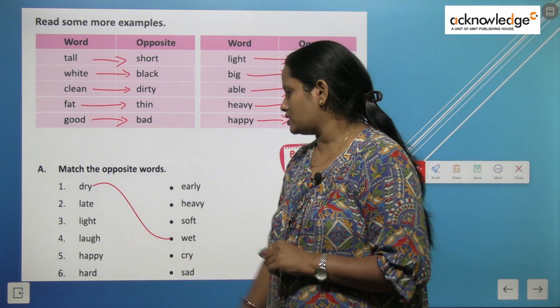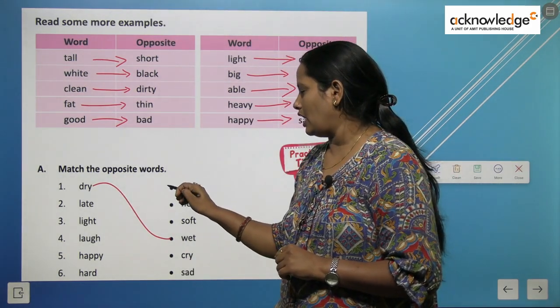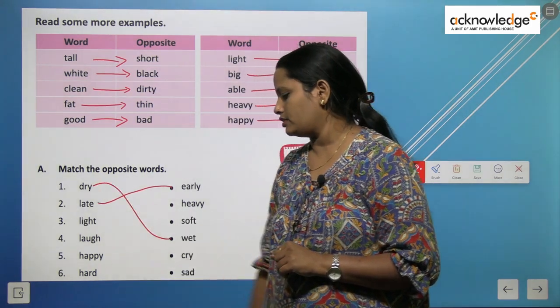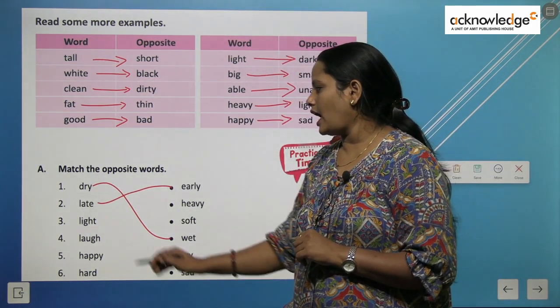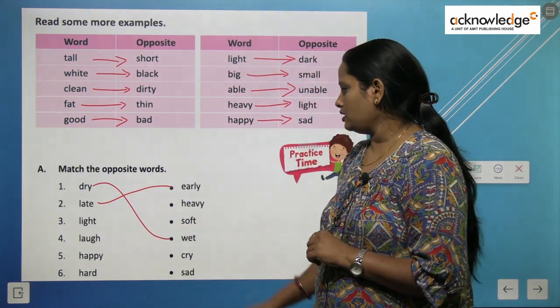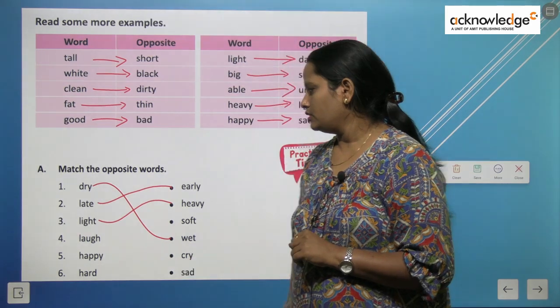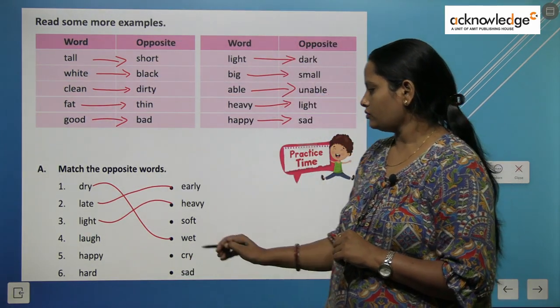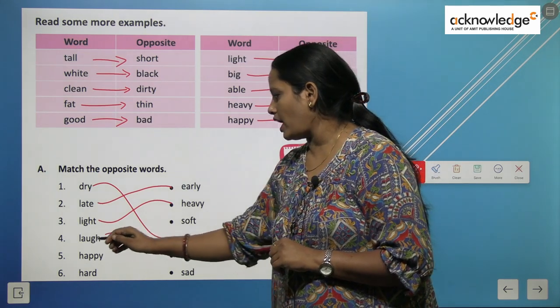Next is late. I am getting late for my school, and I am getting early. So, the opposite of late is early. Light, and the opposite of light is heavy. Laugh. So, the opposite of laugh is cry.